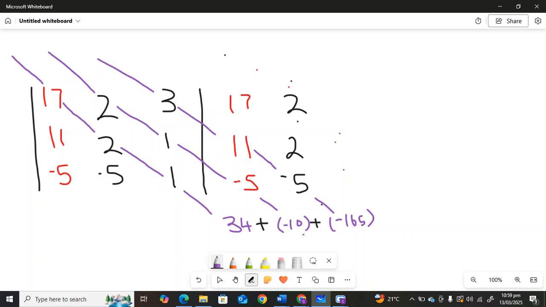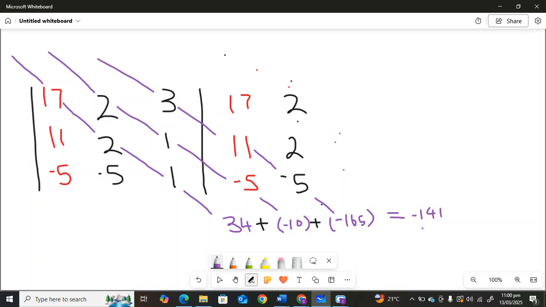So 34 plus negative 10, that should be 24. 24 plus negative 165, what do we get? Negative 141. Colleagues, let's confirm, because when we reach the last part, wouldn't it be nice if we didn't get a wrong figure? So are we all getting negative 141?